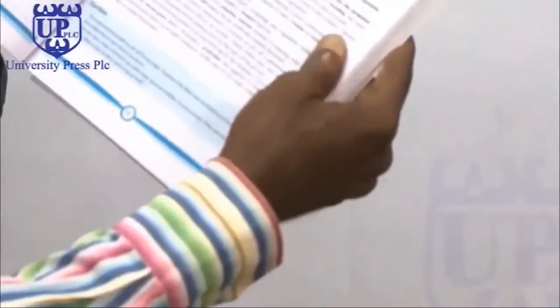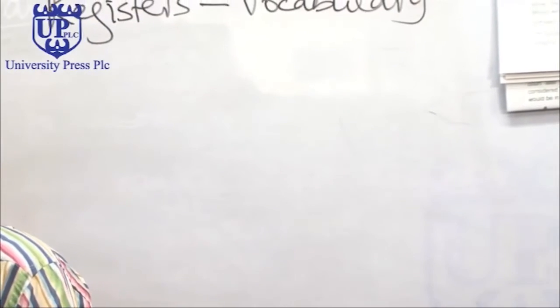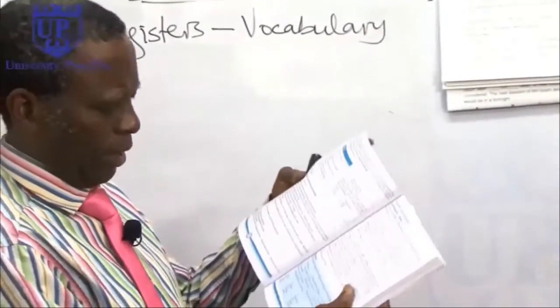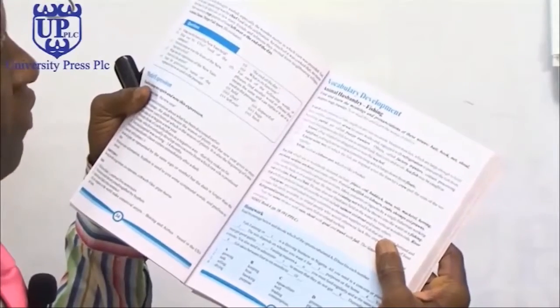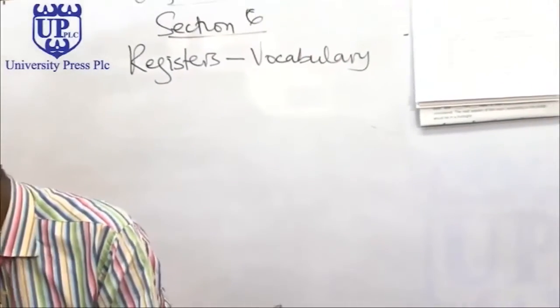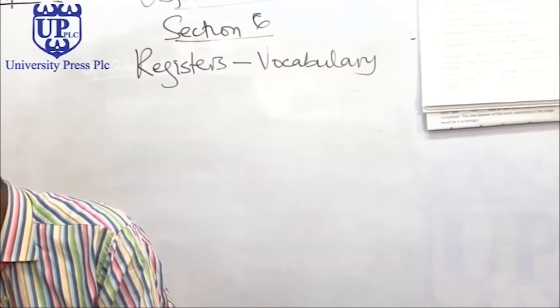On page 19, you have words associated with agriculture. It is also in the syllabus. Apart from that, you have many other ones. On page 35, you have vocabulary development, animal husbandry, fishing. That is fishing, which is special in the syllabus. So many other ones too.